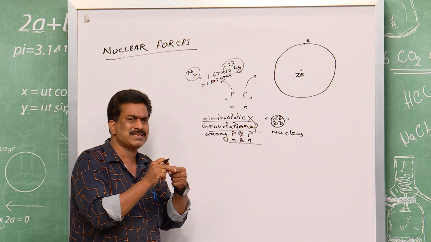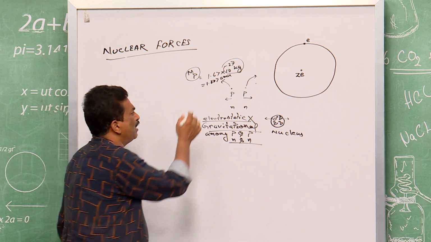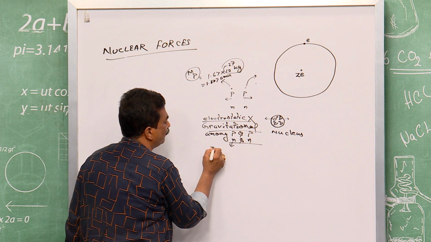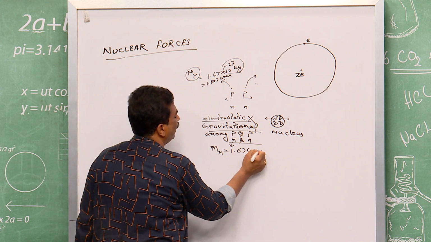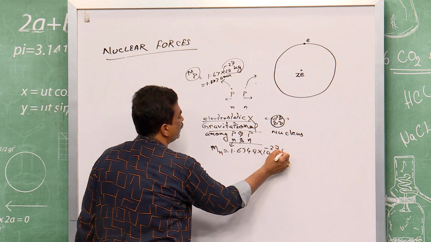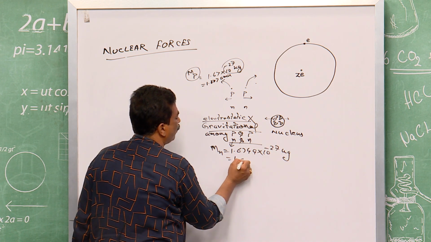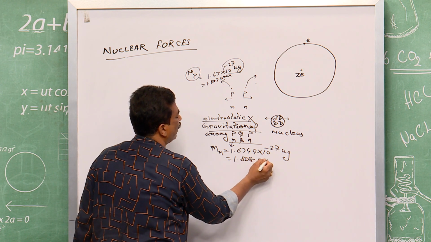And for the gravitational force, though it has mass, the mass of neutron, you know, is 1.6749 × 10^-27 kg or 1.008 AMU.